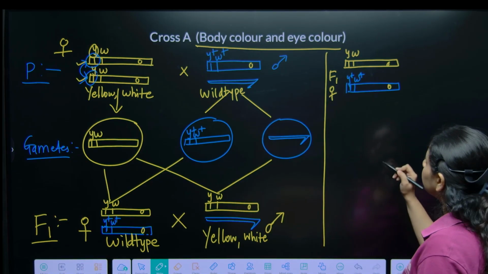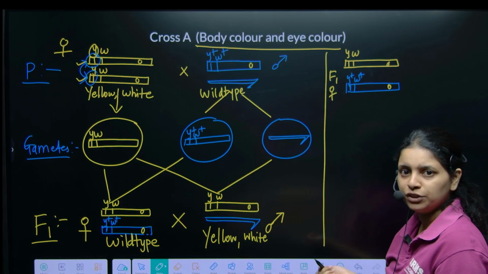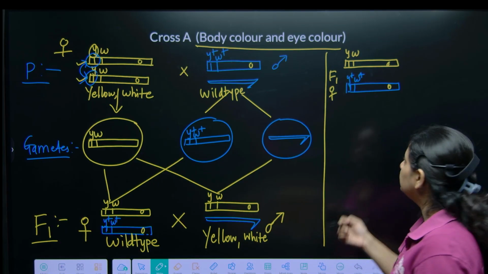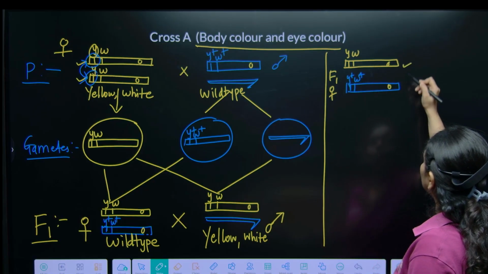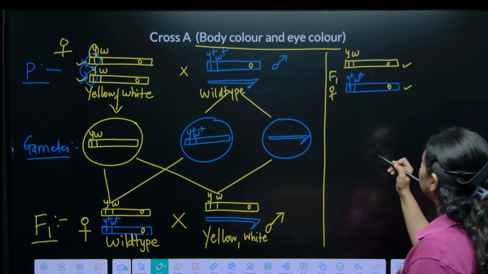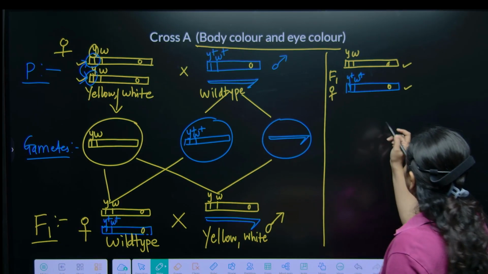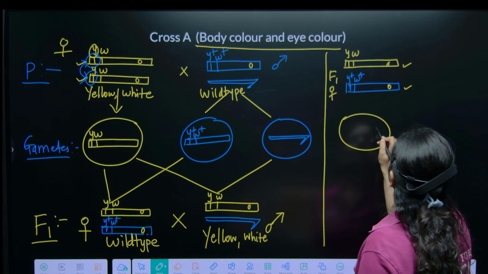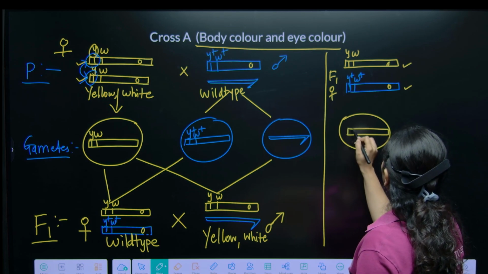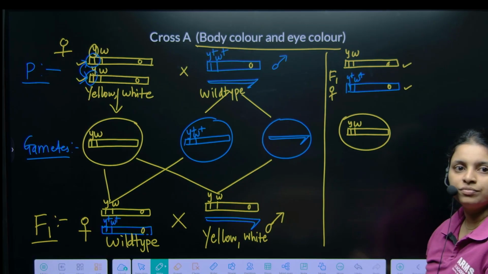So what will happen during meiosis? Again, meiosis will take place to form gametes. So this chromosome, the yellow chromosome and the blue chromosome will separate, right? So let's say if they separate as it is without crossing over, what we'll get? We'll get first gamete which has Y, W, okay?